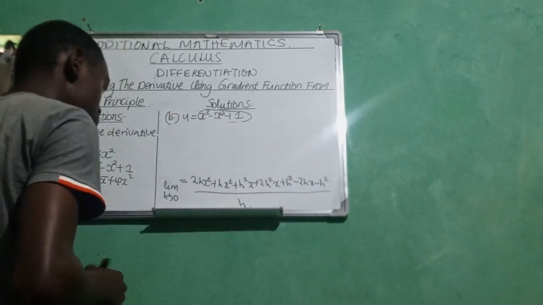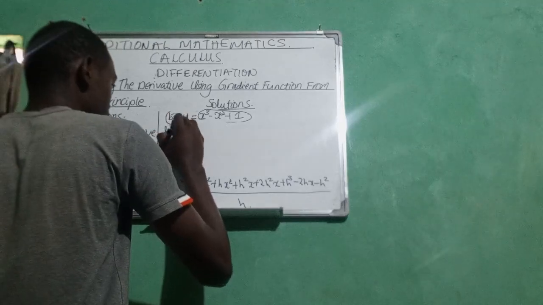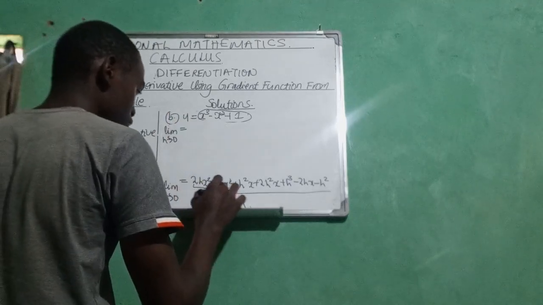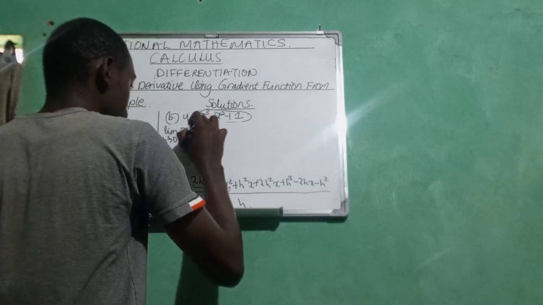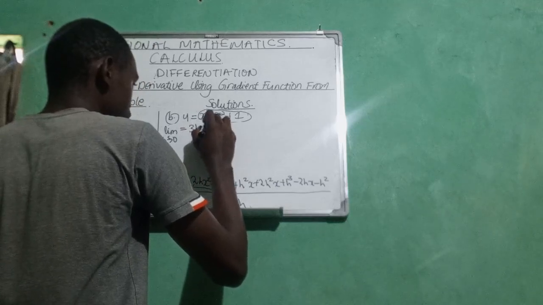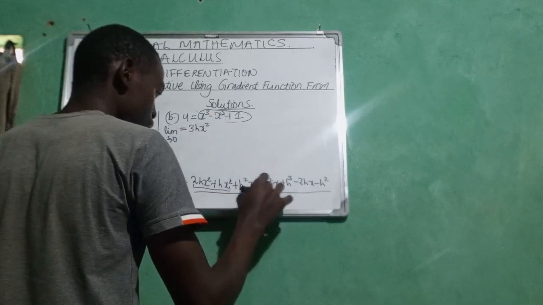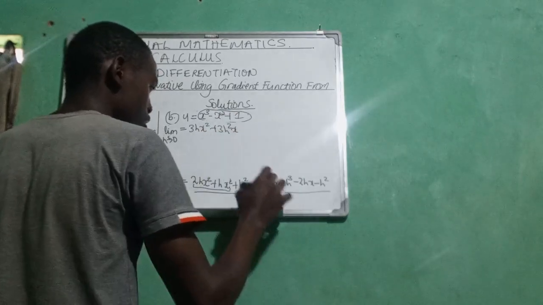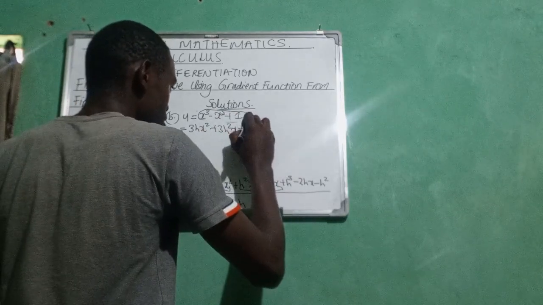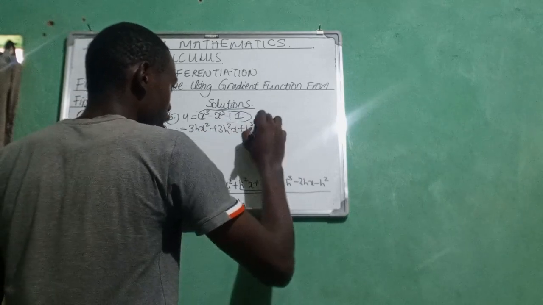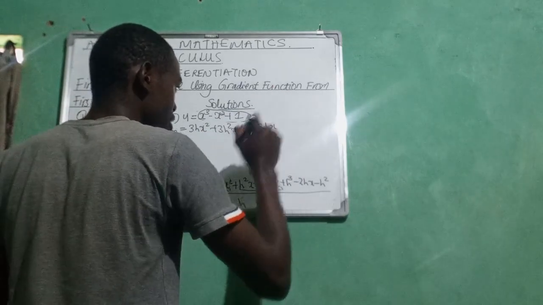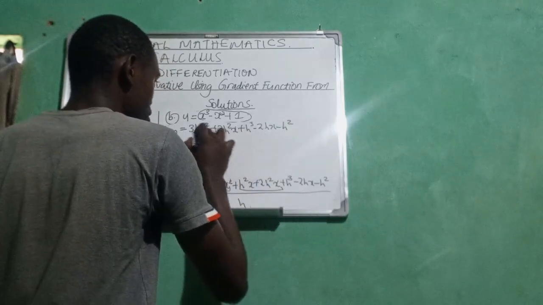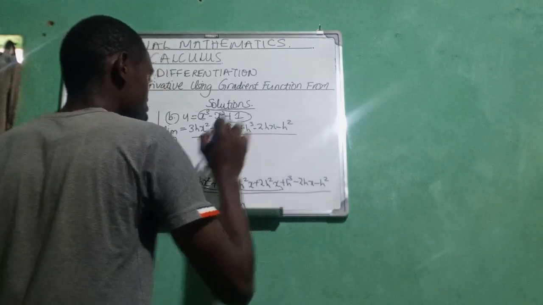We are still taking the limit as h approaches 0. If we add those, 3hx squared plus 3h squared x plus h cubed minus 2hx minus h squared, we divide everything by h.